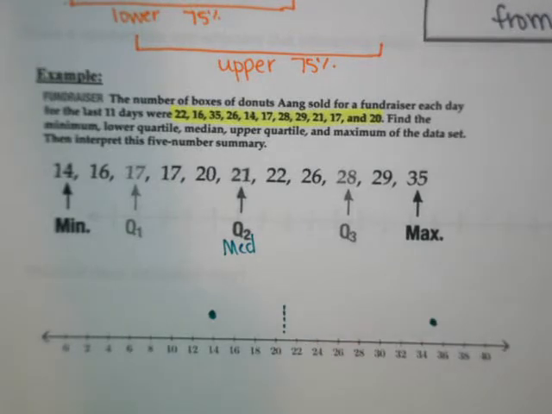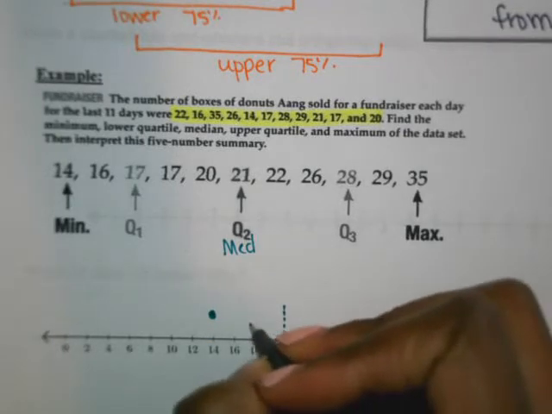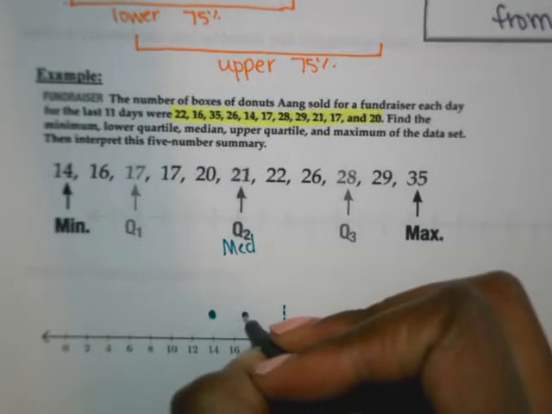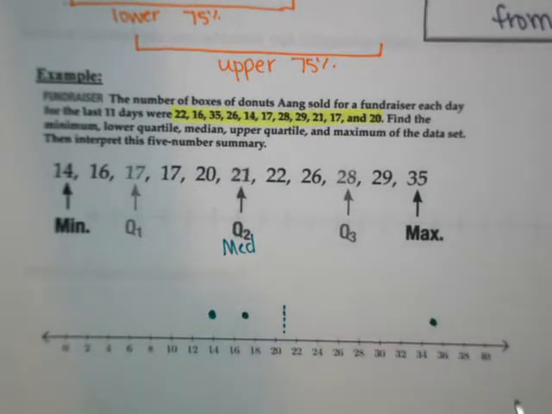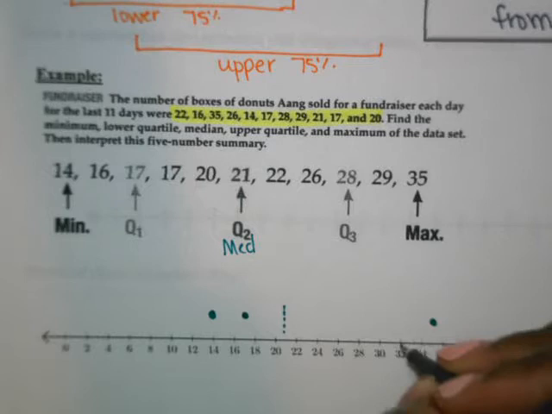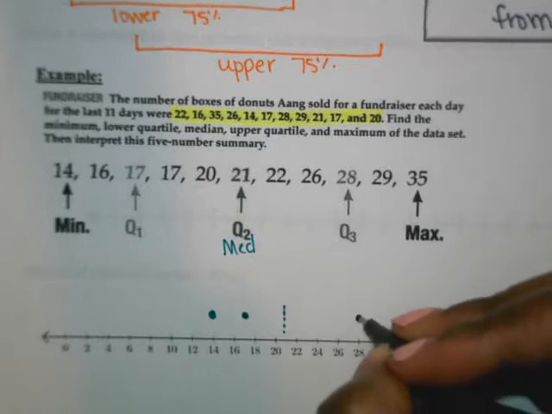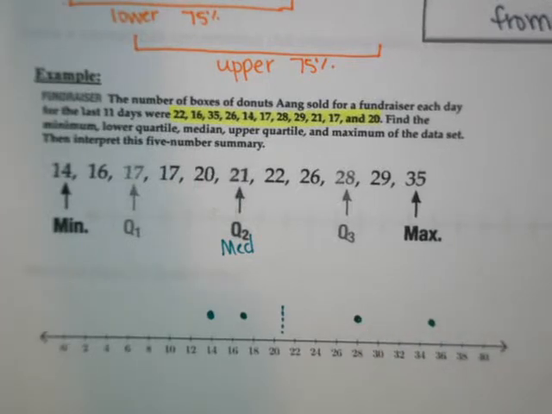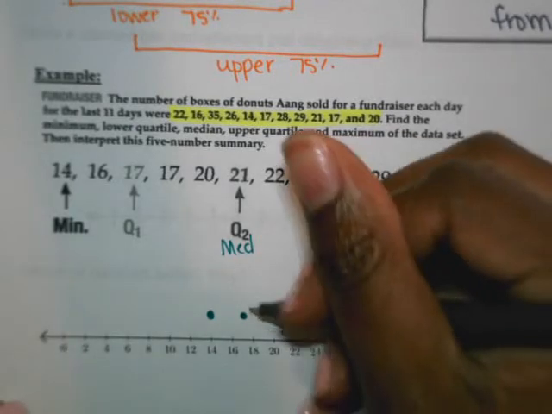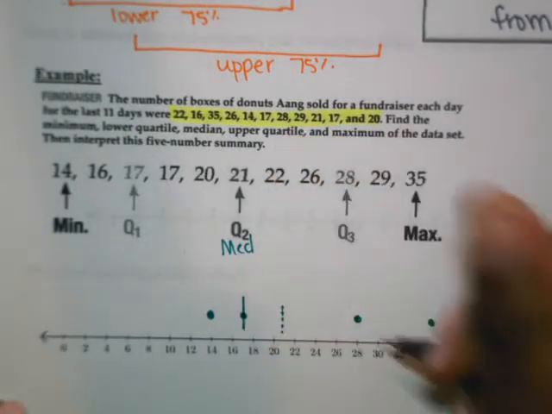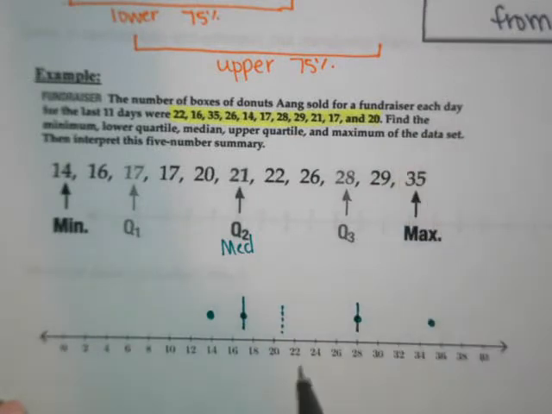That's my median. My first quartile is 17, which is there. And my third quartile is 28, which is here. All right, so to make my box and whisker plot, I am going to draw a box around my first quartile and my third quartile.